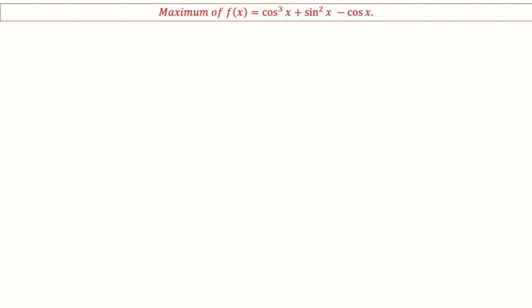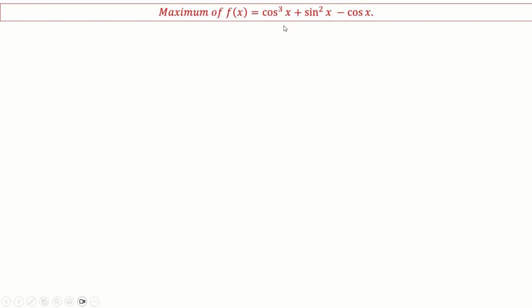Next one is the maximum value of f of x, which is defined as cos cube x plus sin square x minus cos x. Most of these range problems in trigonometric equations, we need to apply the arithmetic mean is greater than or equal to geometric mean rule. Only thing is, first make sure that your equation is reconfigured into a format useful for that.